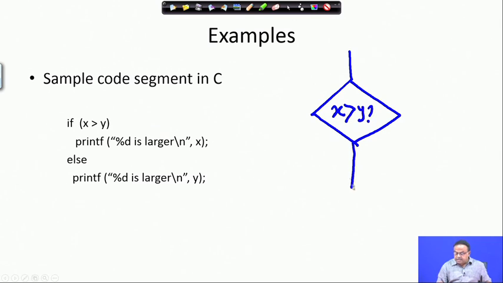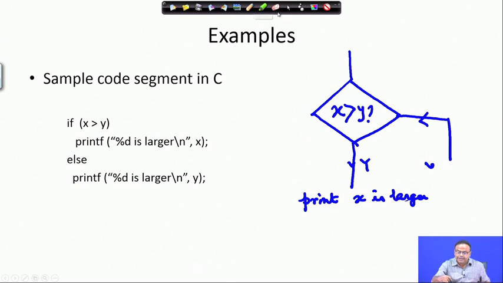If so, yes, I will print x is larger, otherwise I will print y is larger.